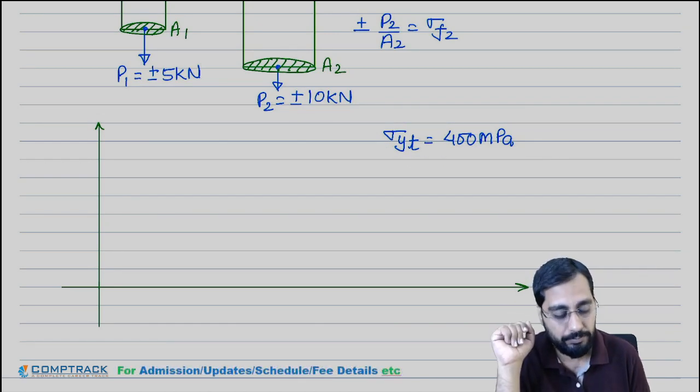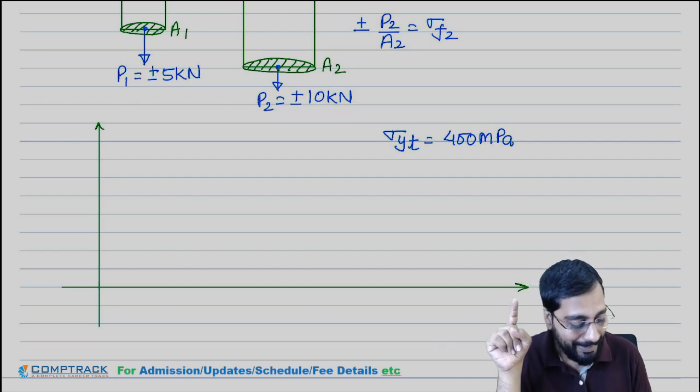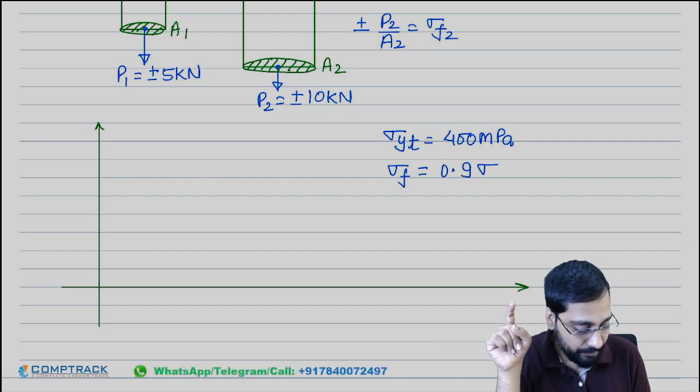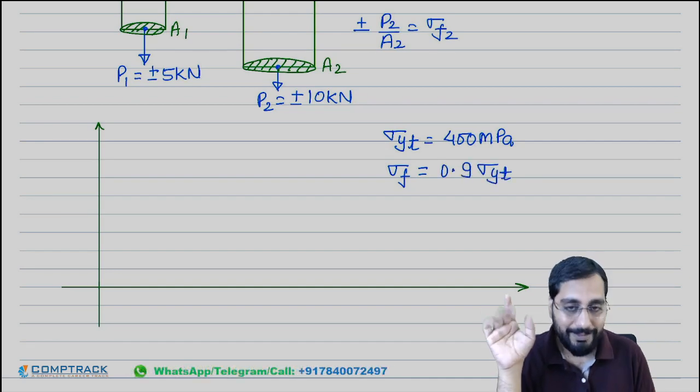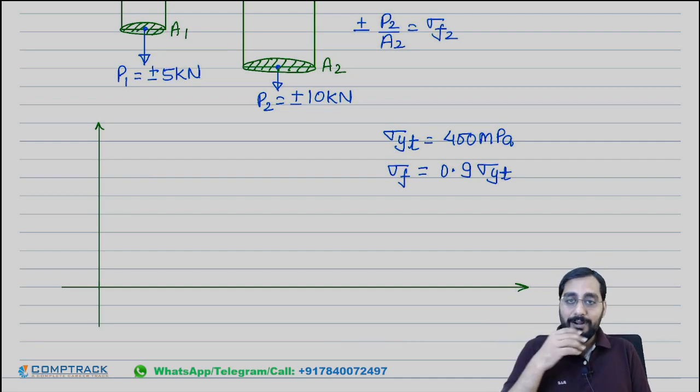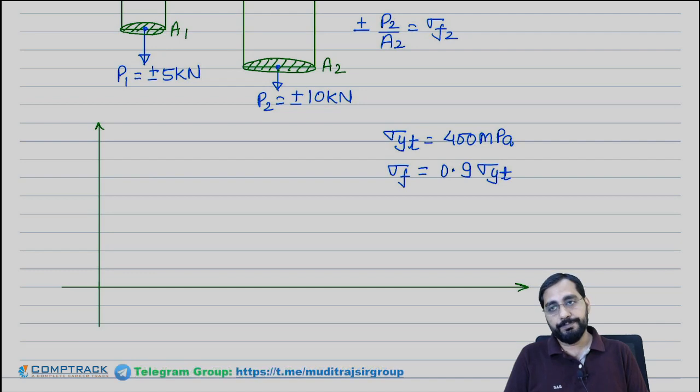But at a fluctuating stress of 0.9 of sigma yt, the failure will start due to fluctuating loading.